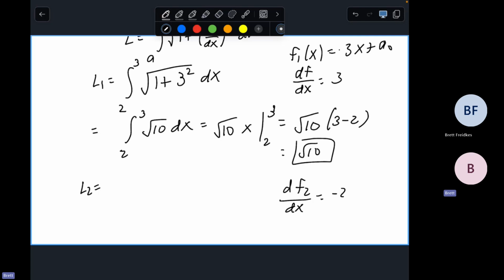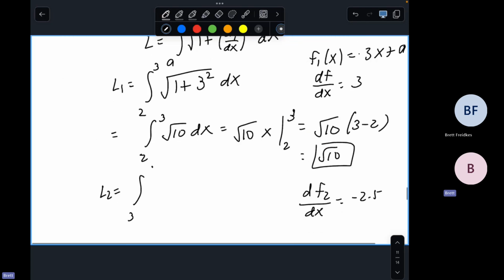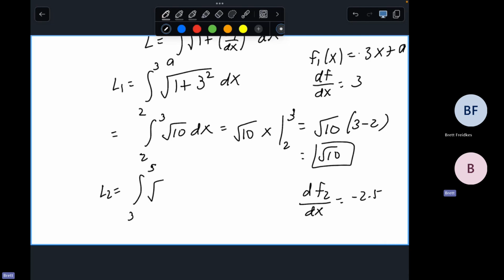L2 is the same deal, except this time our df2 dx ends up being just a slope that's negative 2.5. So we integrate that from 3 to 5. Square root of 1 plus negative 2.5 squared dx. That's what, 5 over 2 squared, so that's 10 over 4.